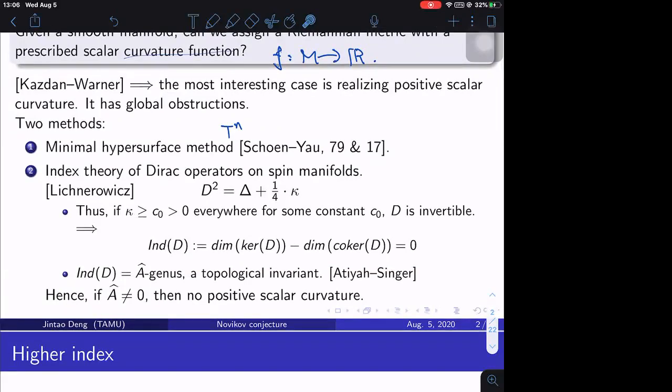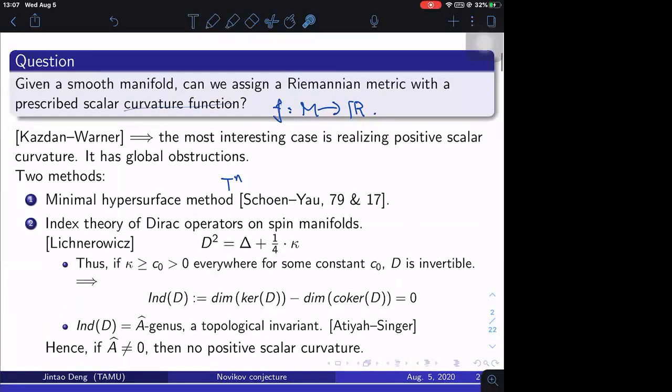So theoretically, this is computable. Therefore, we have a machinery to determine whether a smooth manifold has a Riemannian metric with positive scalar curvature. But usually the A-hat genus vanishes in many cases, so we need to find a better invariant.